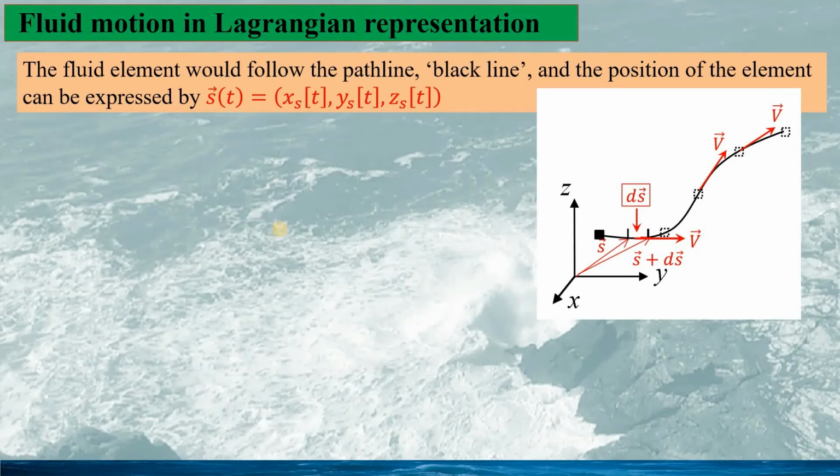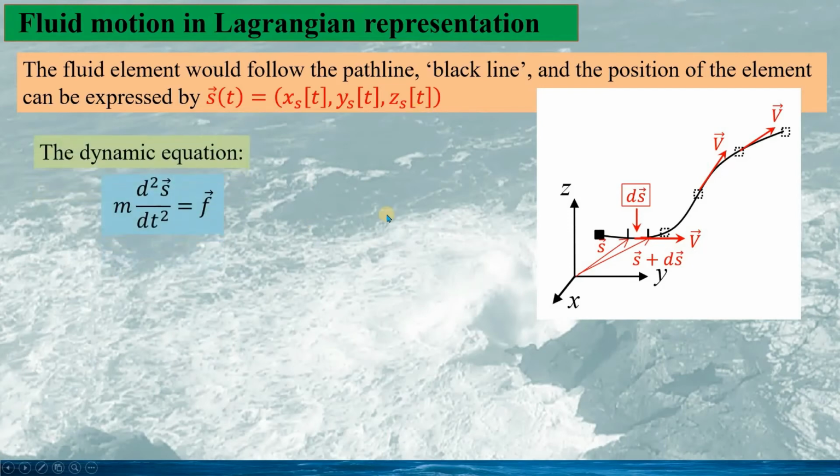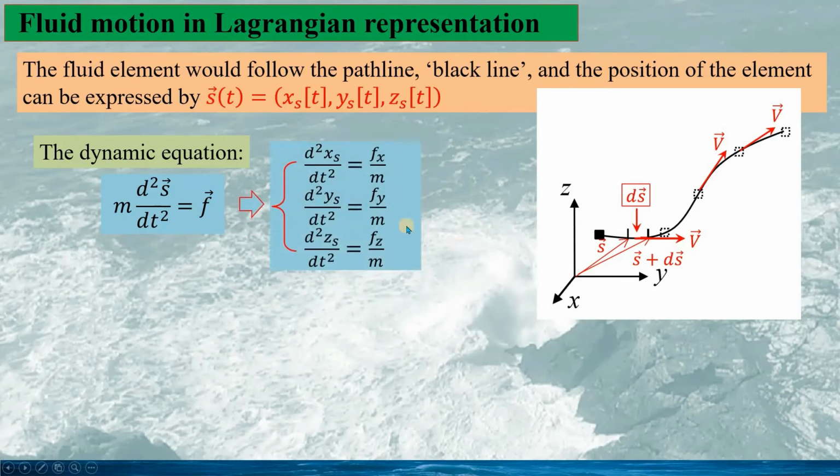For the individual element, the fluid would move along its path line, the black line here. So the position of the element can be expressed by s(t), by these three components, x_s, y_s, and z_s. The dynamic equation for the element would be given as this, or in detailed form as this.